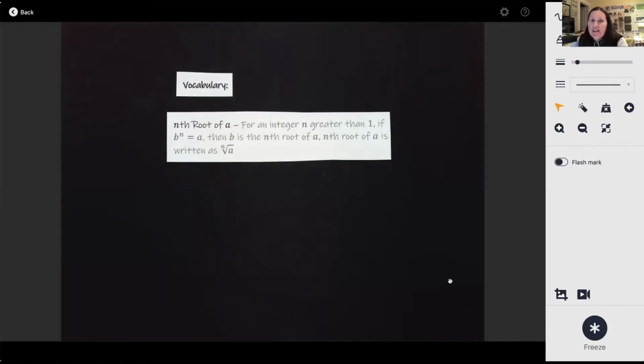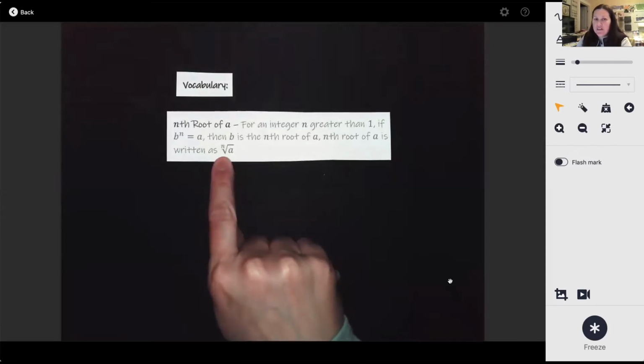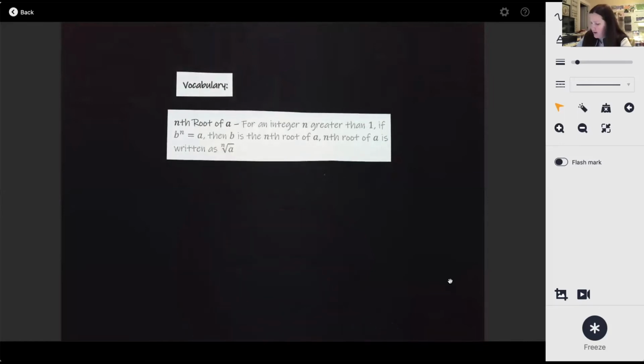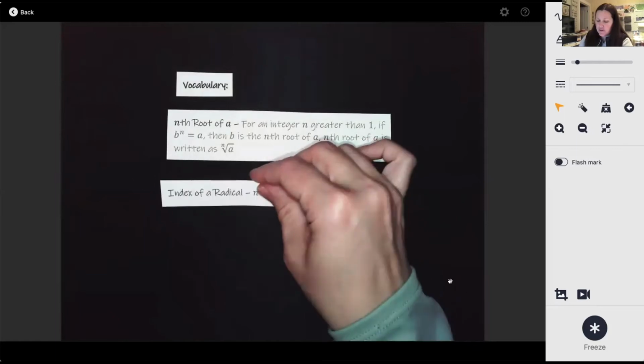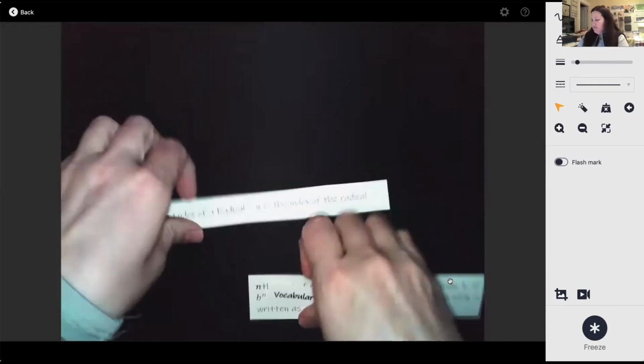And it is written as n radical a. So it's the nth roots. A square root is the only time we actually don't write the number there. Otherwise, we write a number there. Our next vocabulary term is the index of a radical. So n is that index of the radical, that integer n.